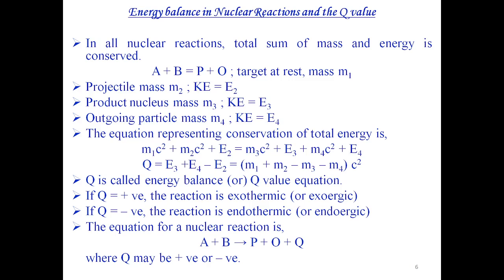The equation for a nuclear reaction now becomes A plus B gives P plus Q plus energy Q. That means here Q represents the energy involved in the nuclear reaction. So this Q may be positive or negative. So this is about the energy balance in nuclear reactions.